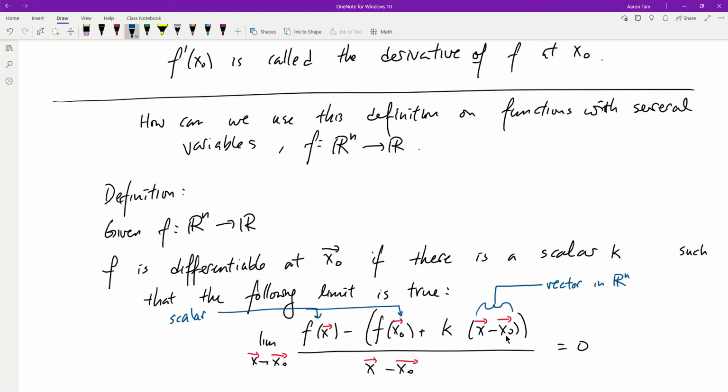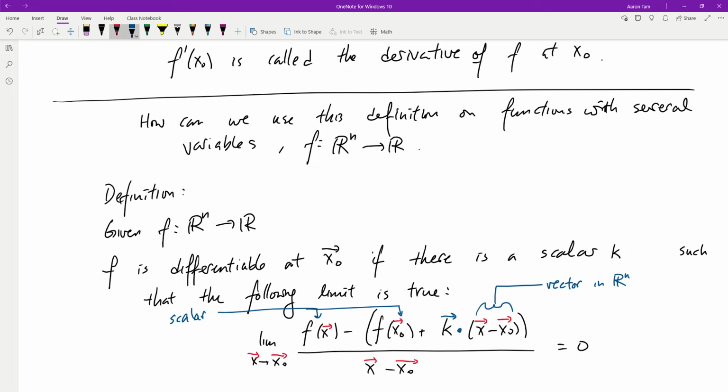The way to solve the problem is to define our k to be a vector also and allow us to perform a dot product, because a dot product between a vector and a vector becomes a scalar that would then allow us to define f of x sub 0 plus that scalar.